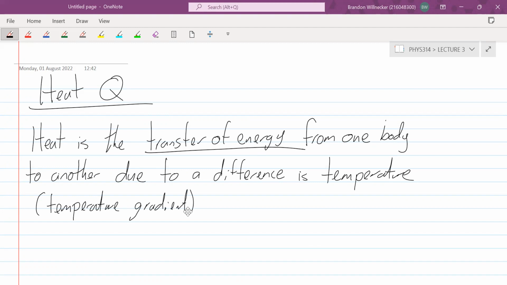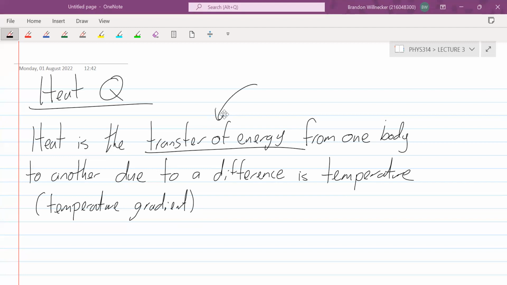Okay, so we looked at this last time. Whenever you have a system where there's a temperature gradient, you then have heat flow from one side of the system to another. This heat flow, that's the heat that we're talking about. It's the movement of energy from the one side of a system to another because of this temperature gradient. And I'm emphasizing that it's a heat flow or transfer of energy because heat is not something that an object can have. It's not something you can hold.